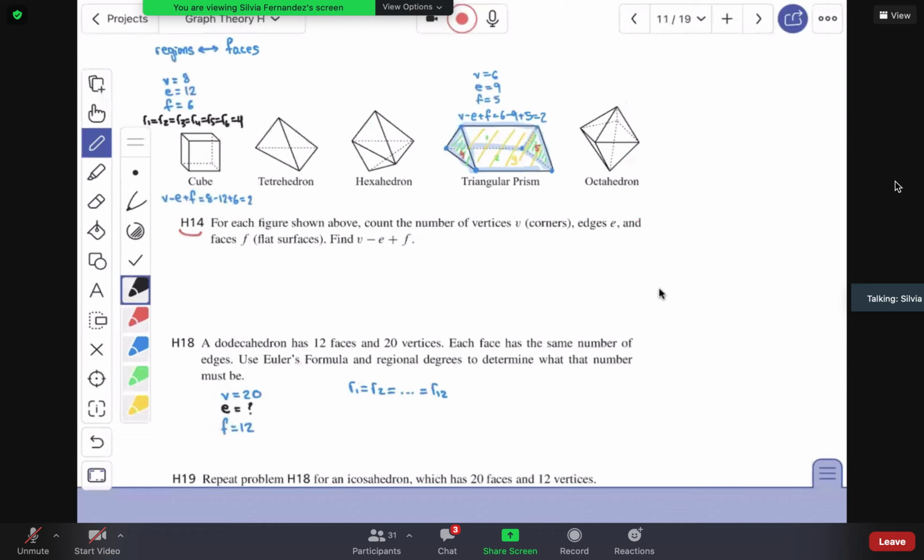What we know is that twice the number of edges equals the sum of the regional degrees. And let's say we're looking for that common value R. So I'm just going to replace this by R. And so that means that this is 12R. So 2E equals 12R, so E equals 6R.